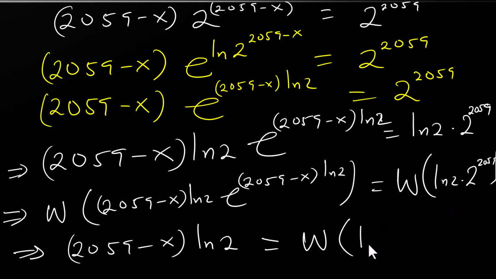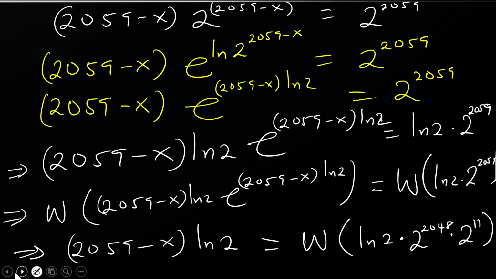So we have ln of 2 times, now instead of 2059, let me write this one as 2 to the power 2048 times 2 to the power 11. Now 11 plus 2048 will be 2059. So I've done nothing.